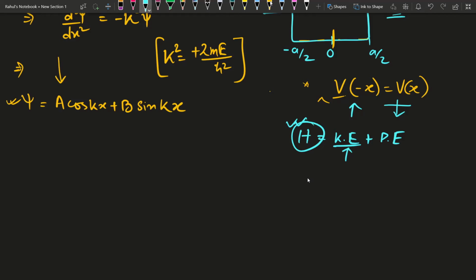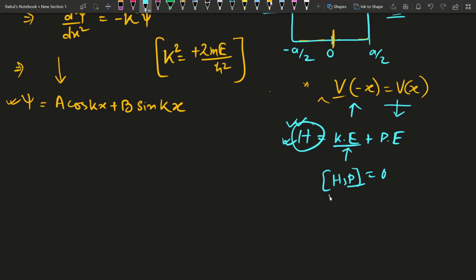As the Hamiltonian is symmetric, the commutation of the Hamiltonian with the parity operator is 0. That means the Hamiltonian is an even operator, and an even operator always commutes with the parity operator. So here the Hamiltonian will commute with the parity operator.